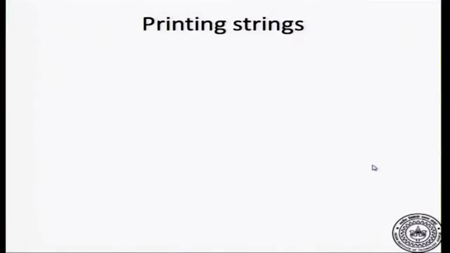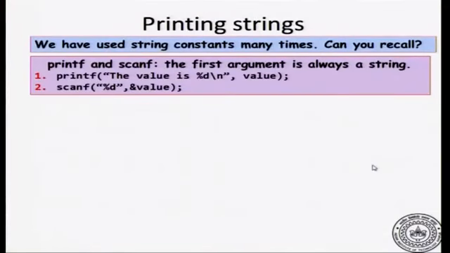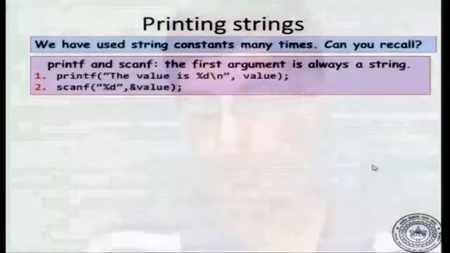Now we will talk about how we print strings. We have used string constants many times. Just take a moment to think back and see whether you can figure out where we have used string constants. We have used them, for example, in printf and scanf.